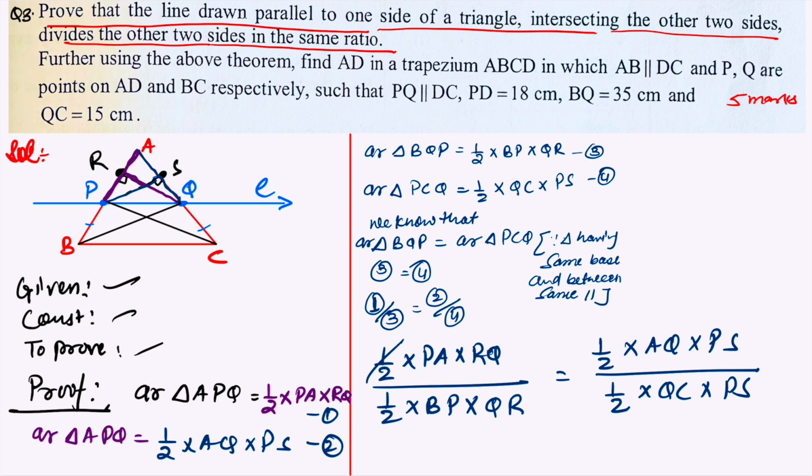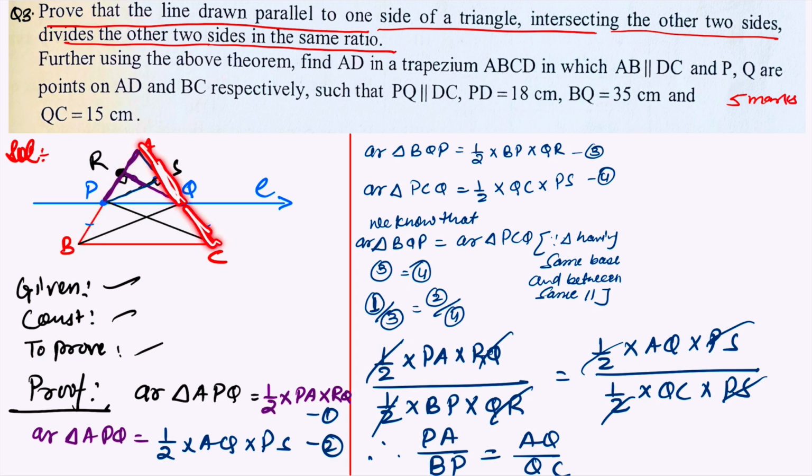So from here we can cut RQ and QR, the half cancels, PS cancels. Therefore we can write PA by BP is equal to AQ by QC. And this was the proof that we were supposed to do. Basically PA by BP is equal to AQ by QC, hence proved.